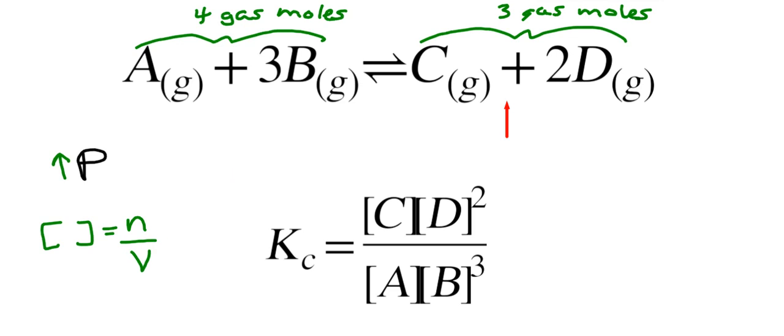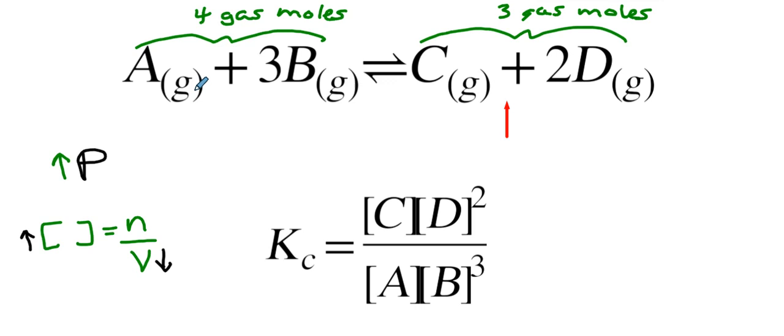So we understand that a decrease in volume will result from an increase in pressure, and that's going to result in an increase in concentration because we're dividing by a smaller value. And so really what we're thinking about is for gases, it's kind of like an increase in concentration when you increase the pressure, but we have to look at which side has more.